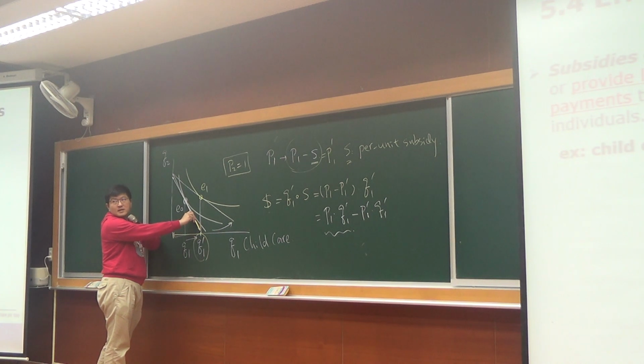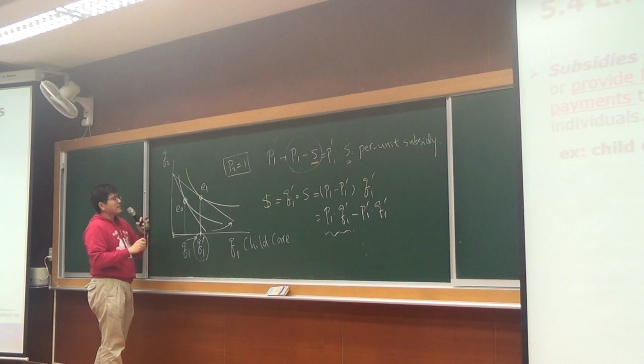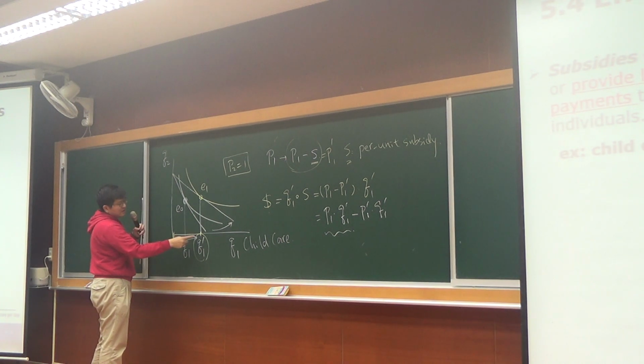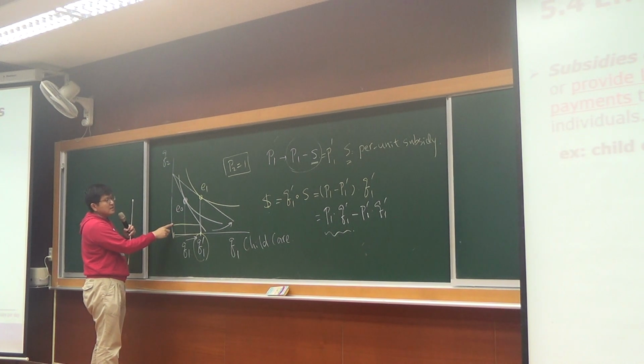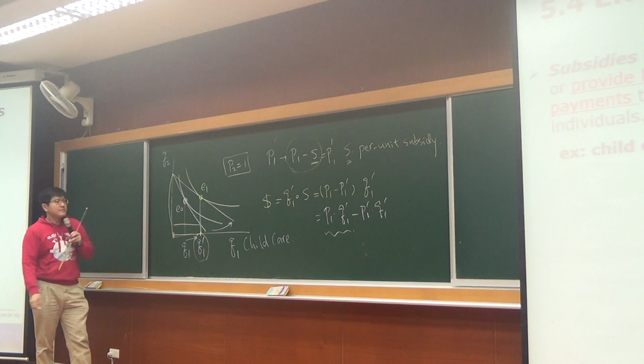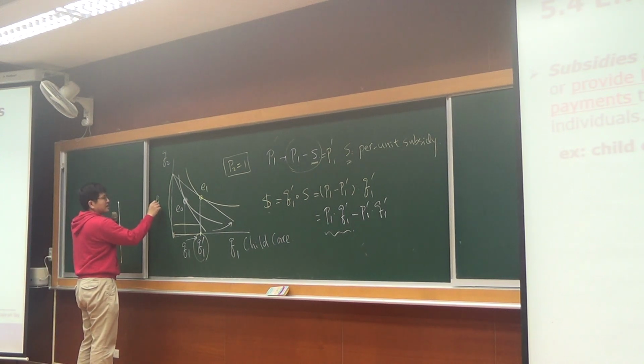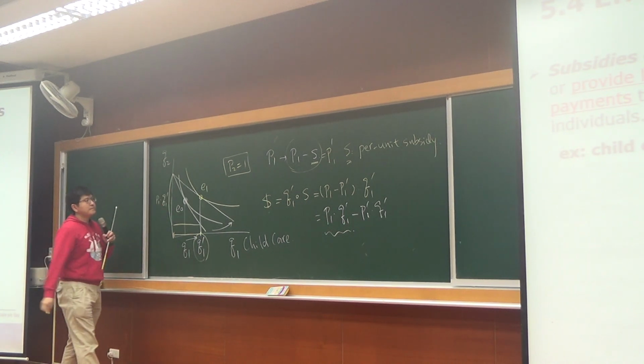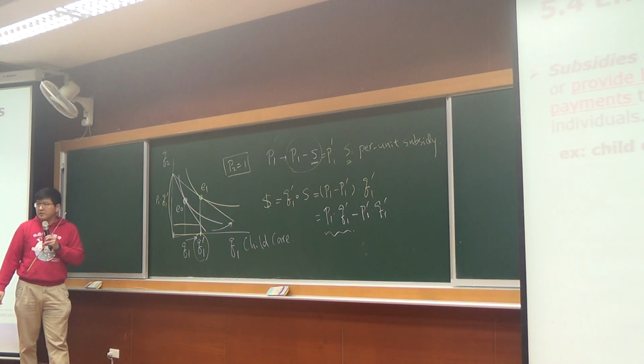Or over 1. So the slope would be P1, and the slope times the quantity would be this part, right? So this part would be P1 Q1 prime. Is that okay?